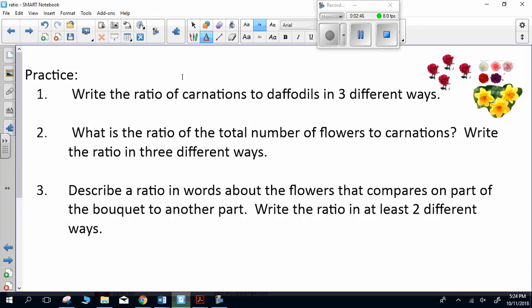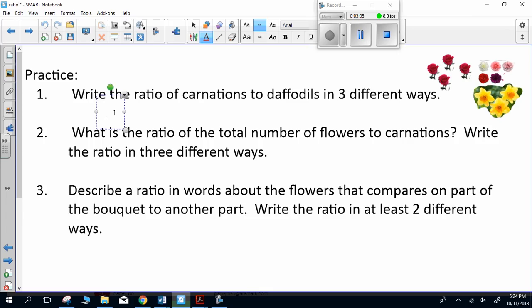All right, next thing. It says write the ratio of carnations to daffodils in 3 different ways. So if I look over here to the right, these flowers here are called carnations, and I have 1, 2, 3, 4, 5 of them, compared to daffodils, and these are the daffodils, and I have 1, 2, 3 of them.